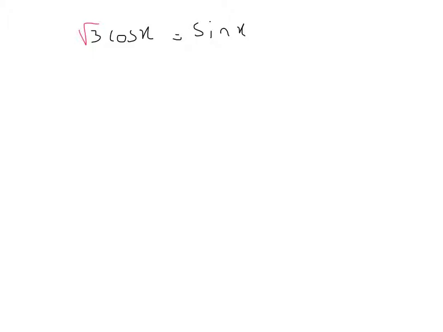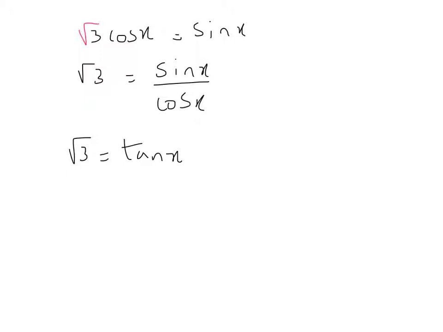And as we said before, to make it easier to solve, we put it in the form of square root 3 equal to sine x over cos x, as if we divided both sides by cos x, and this will give us square root 3 equal to tan x. And of course we're using the exact values in this case, so tan x equals square root 3, and the first solution will be x equal to pi on 3.